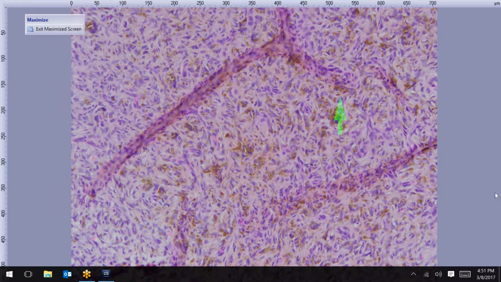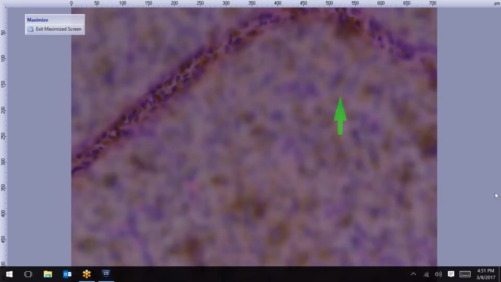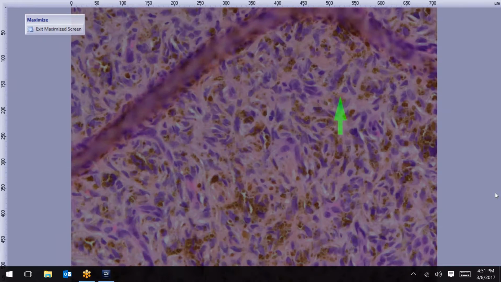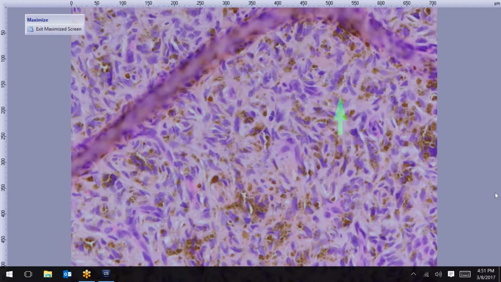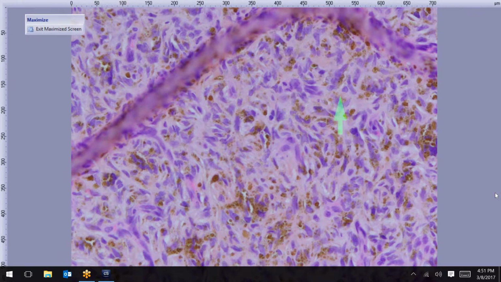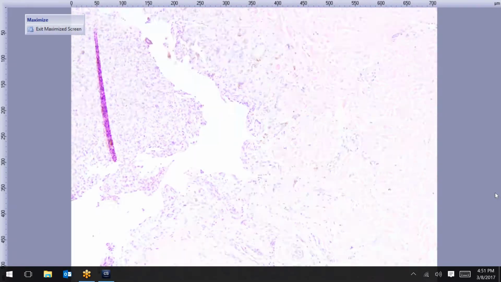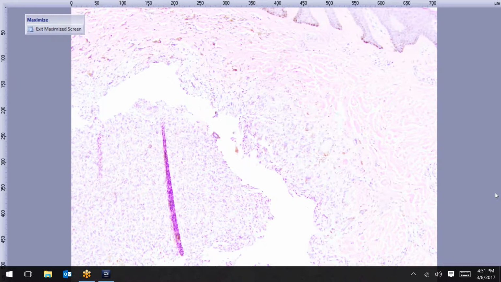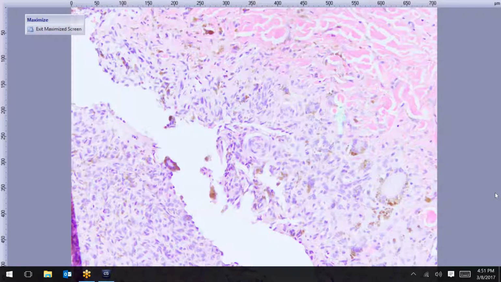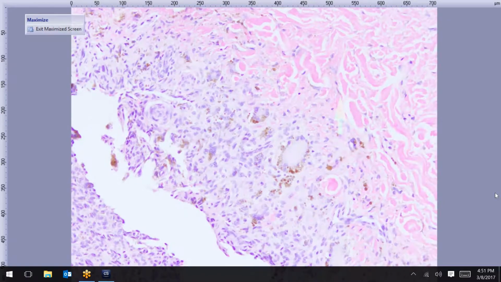Anybody know what this type of pigment is? You think it's melanin? You think it's boron? You think it's hemosiderin? Yeah, hemosiderin, somebody said, and that's correct. A lot of it. And as we go around it, I think you might be able to appreciate there's actually a little bit of collagen trapping here at this periphery.